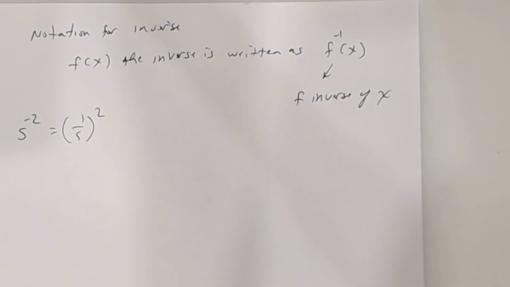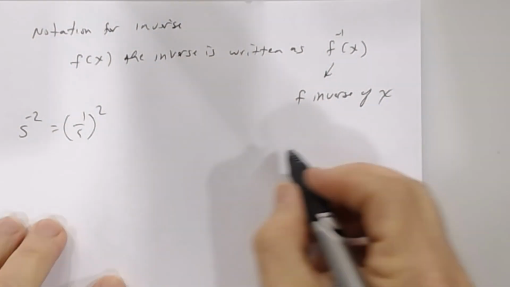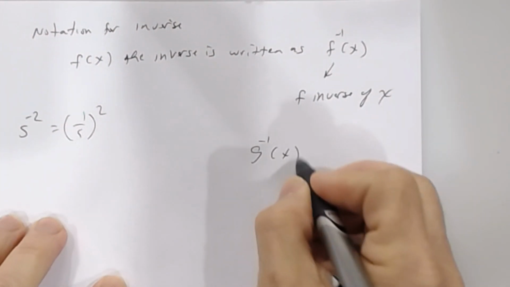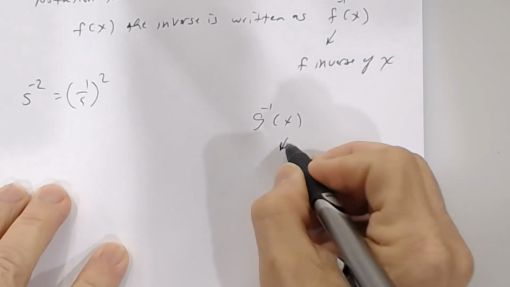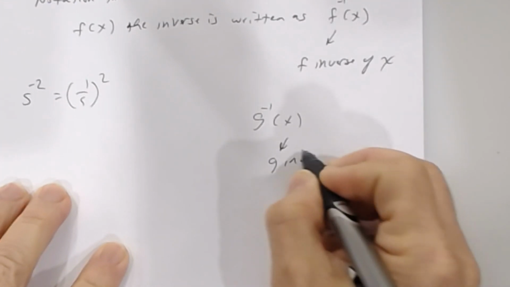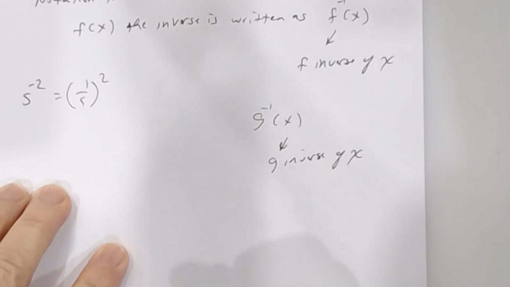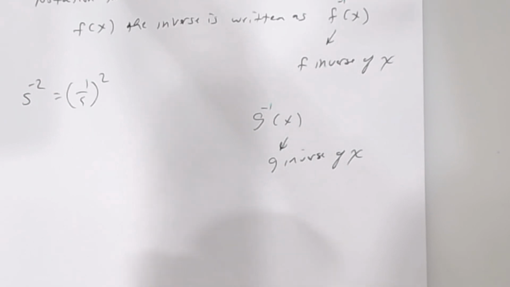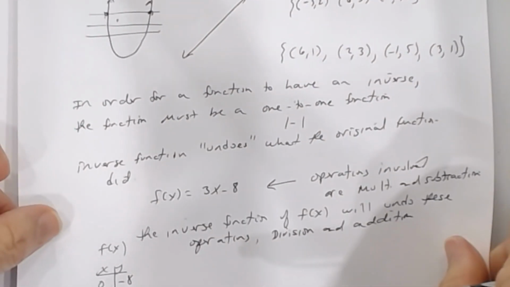That's just notation. That's read f inverse. Just like this would read what? G inverse of x. Okay? All right, now, let's go back to f of x here.